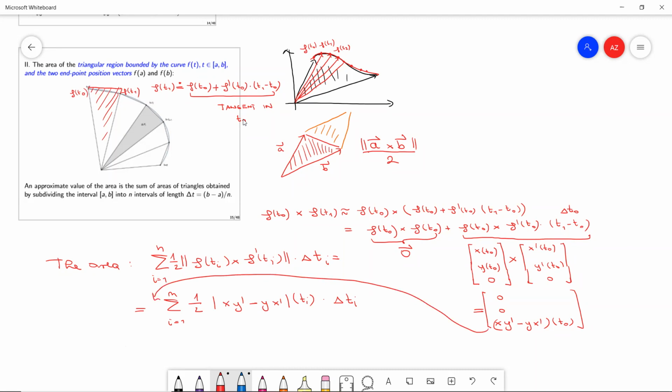And now this is in fact the Riemann sum of this function. So we do a limit with those delta t's going to 0, and what we get is the integral of the function 1/2 of x y prime minus y x prime dt, when t goes from a to b. So from the left endpoint to the right endpoint. And probably you recall this formula from analysis. So this is the area which we wanted, the area swept by the position vector.